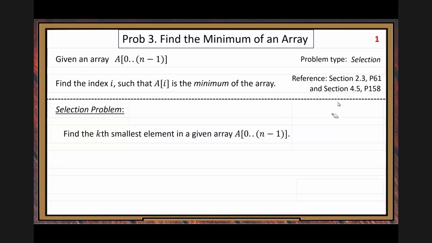Find the kth smallest element in a given array. First, you're given an array. Also, you are given this k number, integer k. Then you need to find the kth smallest element.